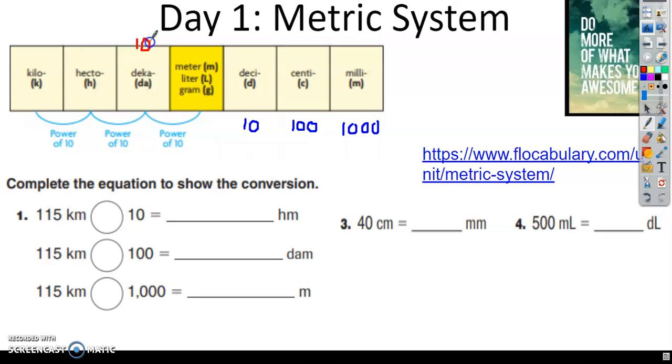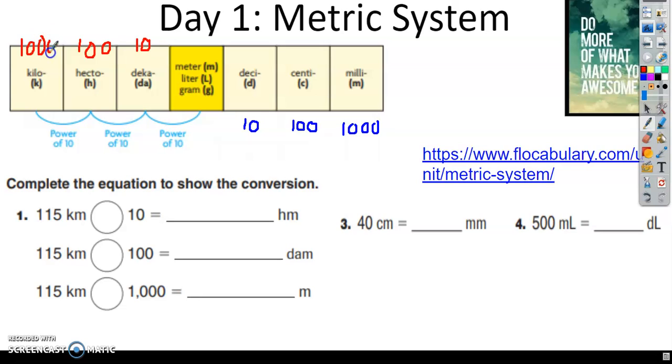So there are 10 decameters. It's larger. 10 meters make up a decameter. Hecto, it's 100. There are 100 meters in 1 hectometer. And that means kilometers, there are 1,000 meters in 1 kilometer.